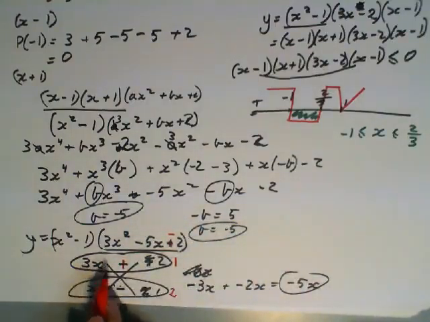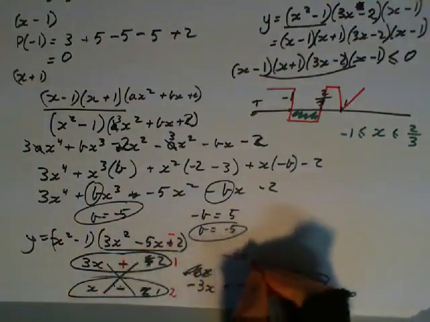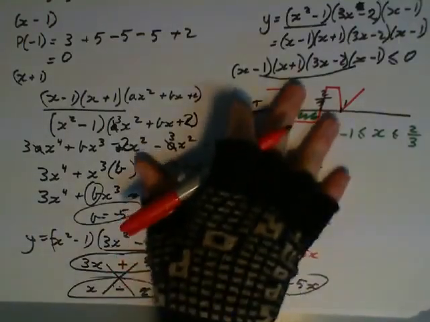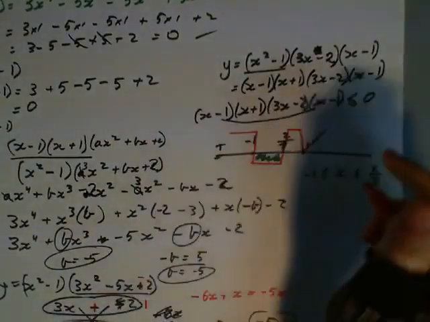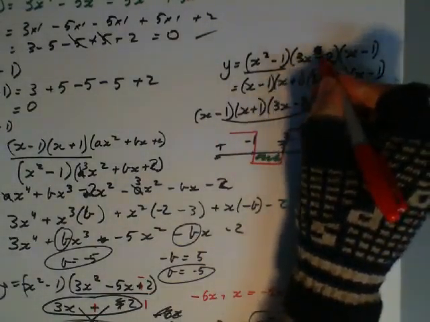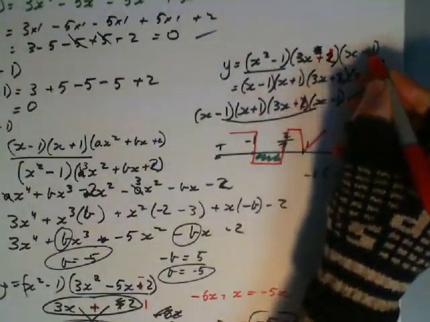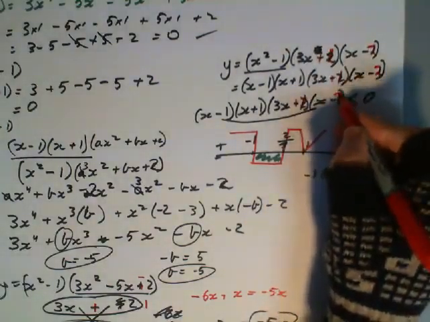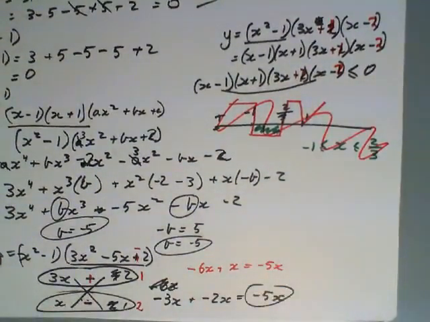So I'm going to say 3x times minus 2 gives me minus 6x. X times positive 1 gives me positive x, which gives me the same answer. It's just that when we get up here, our two factors are going to be 3x plus 1. So in here should be plus 1, and x take 2. Okay, which means my sign diagram is completely wrong. Well, it's not too bad, but we'll redo it.